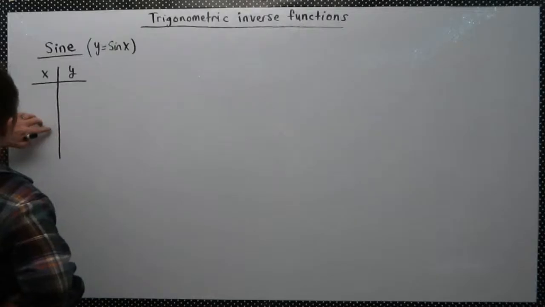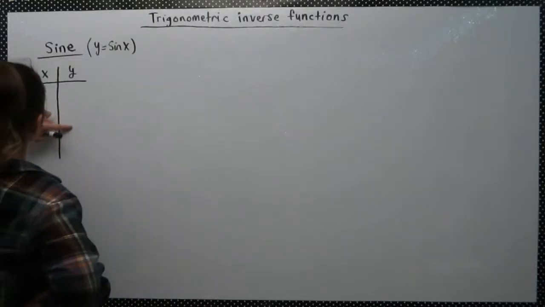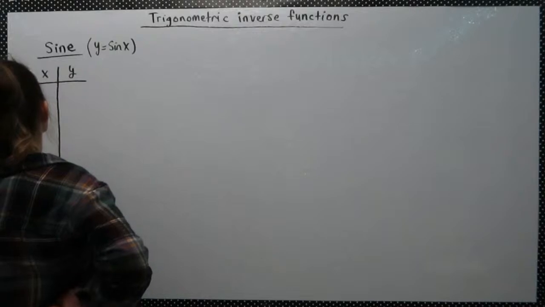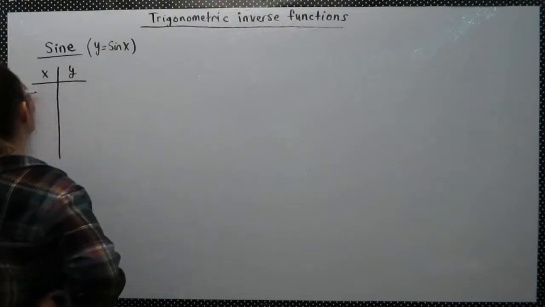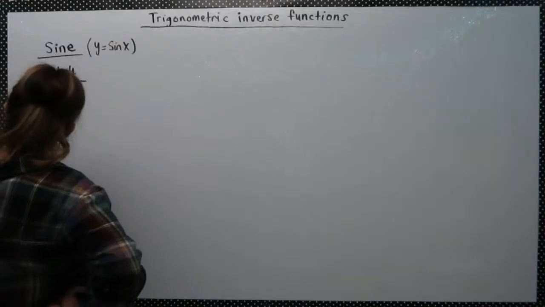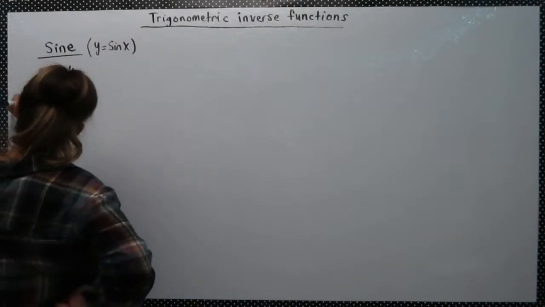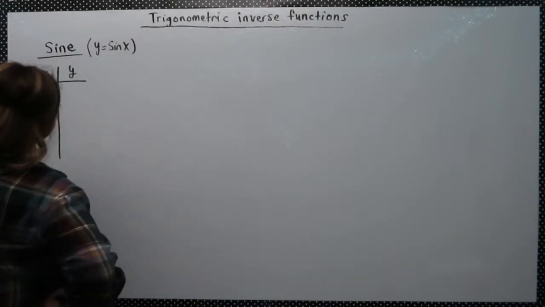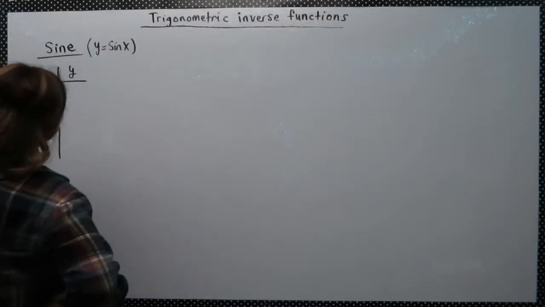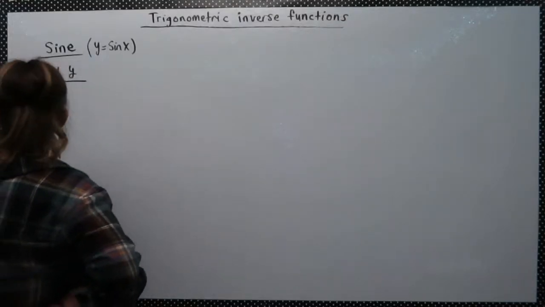Let's see if I can build this table from memory. What we did was restrict the domain of the sine function, so we'll start with the restricted domain and just do those 3 points: negative pi over 2, 0, and pi over 2.